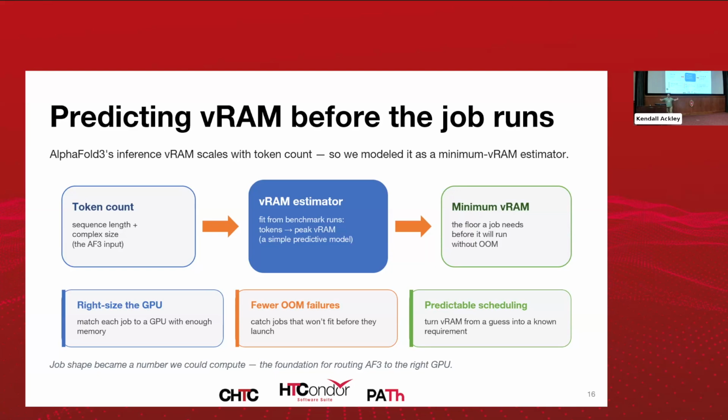Whereas when you need those massive 11-mer-ish structures, you might be targeting something like an A100 or an H200. And it also helped us start avoiding some of these out-of-memory failures. We were able to start advising researchers and say, hey, if you're gonna submit this massive structure, don't try and target a V100. You're gonna have a bad time.